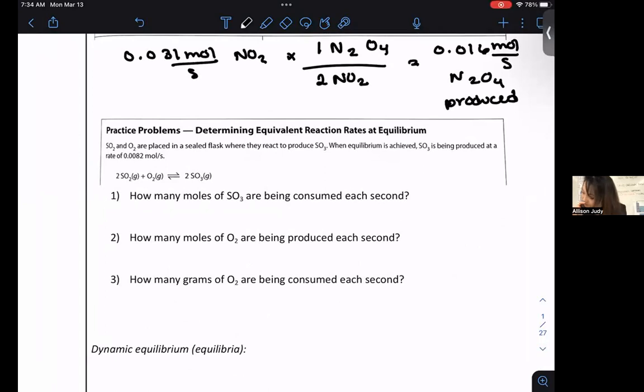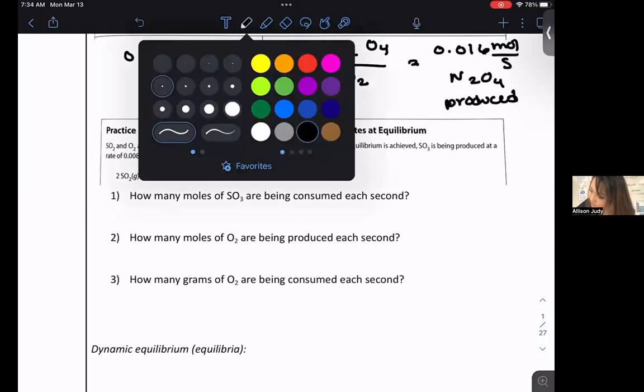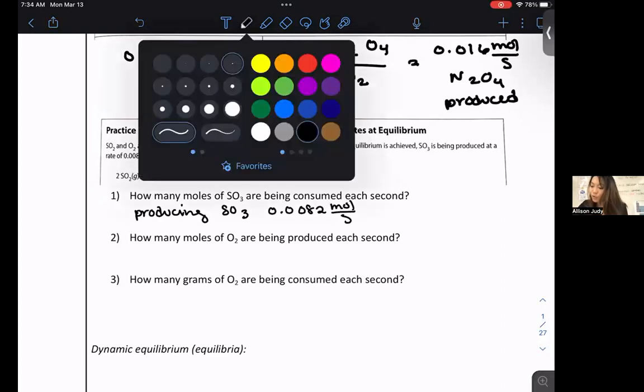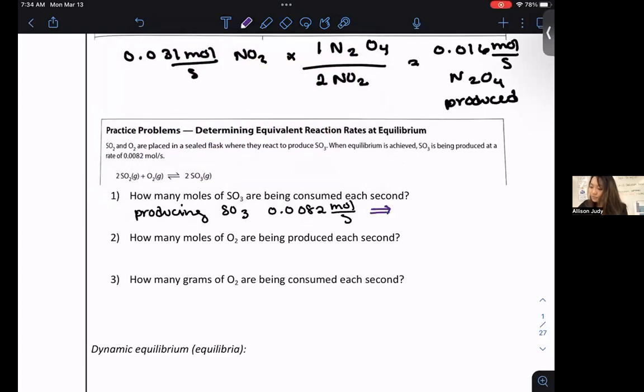So if I know I am producing SO3 at a rate of 0.0082 moles per second, and I have achieved equilibrium, then I know that the rate of the reverse is going to be equal.